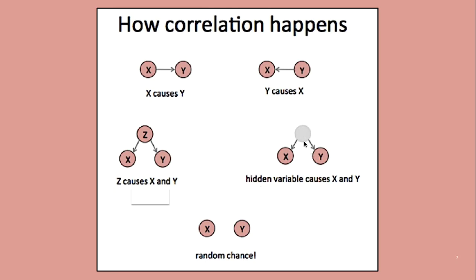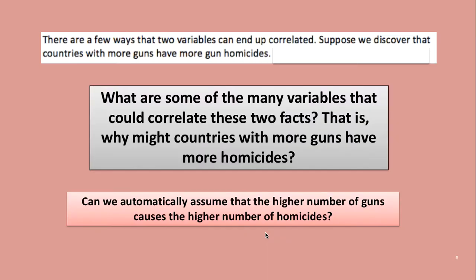We don't know what it is, but it's having some influence. It causes X and causes Y. And then there's just random chance. There's no relationship between X and Y. There are a few ways that two variables can end up correlated.